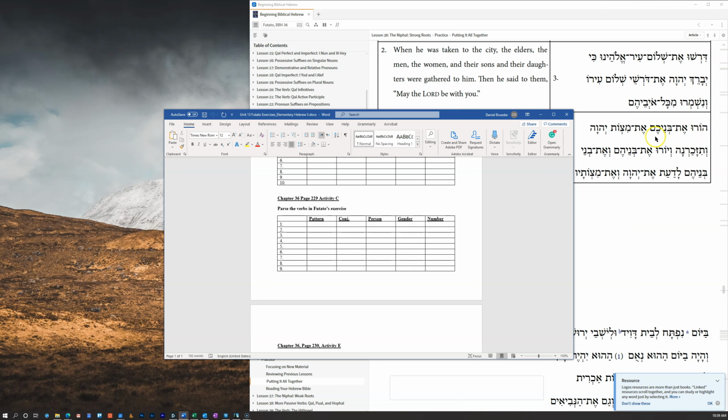and start translating it that way, and then we'll go check and see if the perfect 3MS or 3MP and the, well, no, it's not infinitive. It would have to be imperative. With the imperative 2MS, 2MP, and the perfect 3CP, would those be identical?